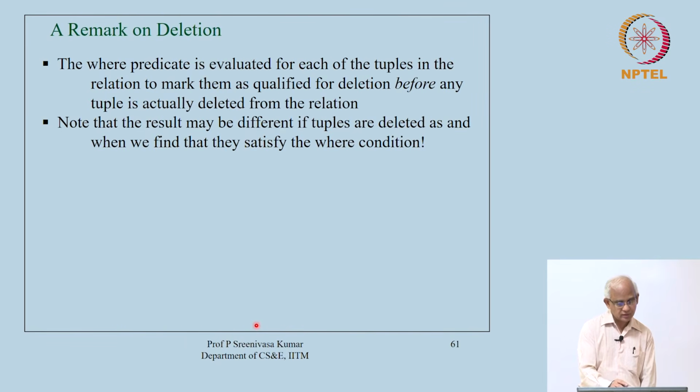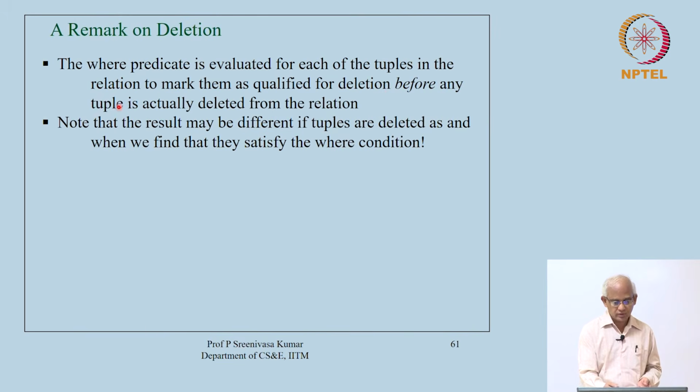See, here is another interesting aspect of deletion that we have to be aware of. The where predicate is evaluated for each of the tuples in the relation, and we mark them as being qualified for deletion, and only after we mark all of them do we start deleting. Okay.